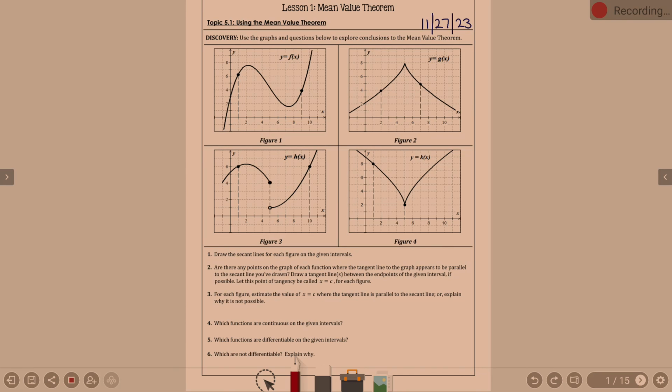We're going to use the dots provided and draw in 1 or 2 secant lines depending on what is provided. So, as we look at figure 1, where's your secant line going? 1, 6, 2, 9, 4.